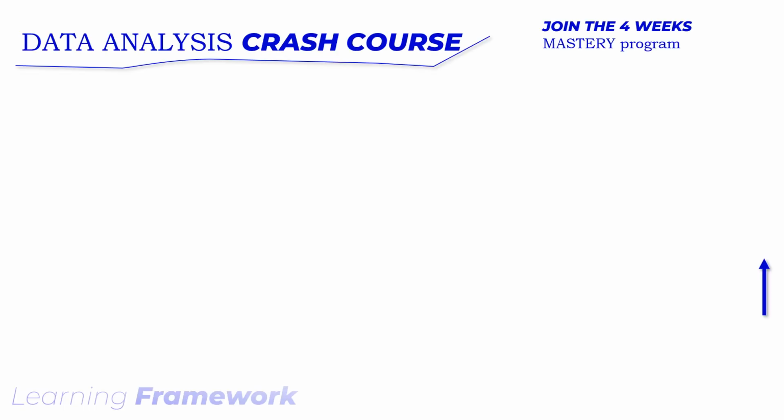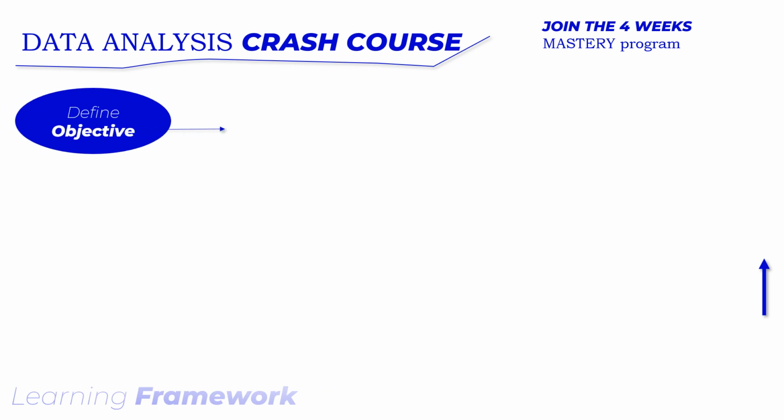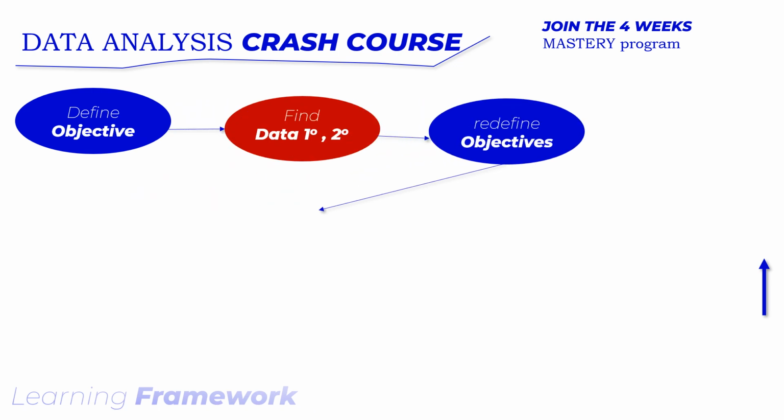So let's dive. Data analysis has a process. The first step is you have to define the objective, what you want to achieve. Then you find data, either primary or secondary data. Then you have to redefine the objective to ensure that the data you have found aligns with your objective. When I say objective, I'm going to talk more about this. Then you have to clean your data.